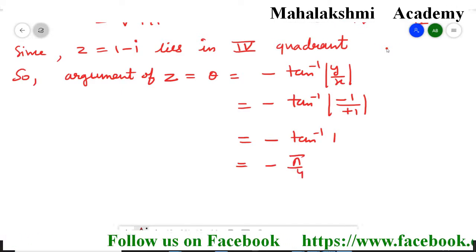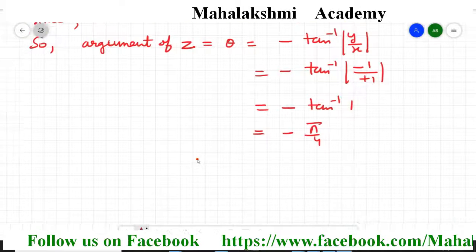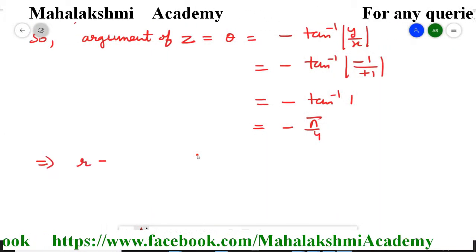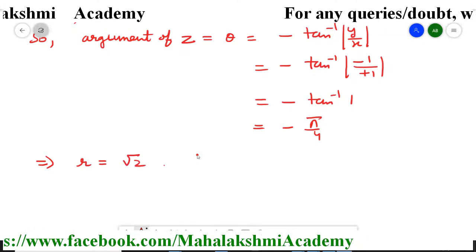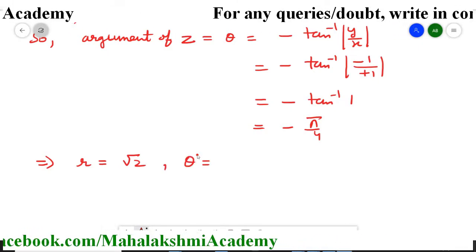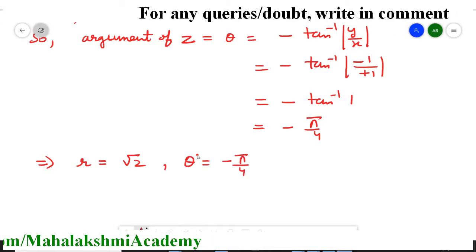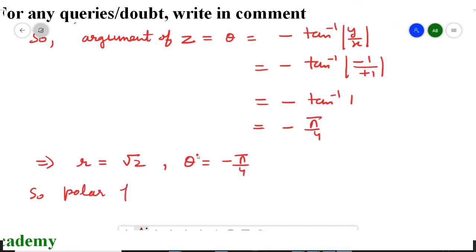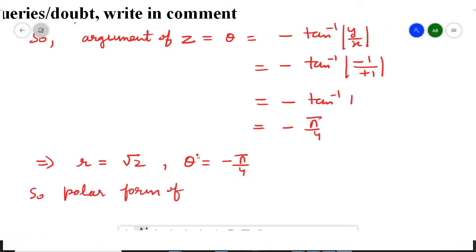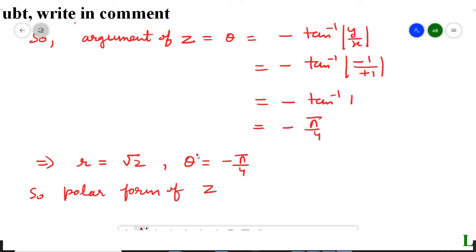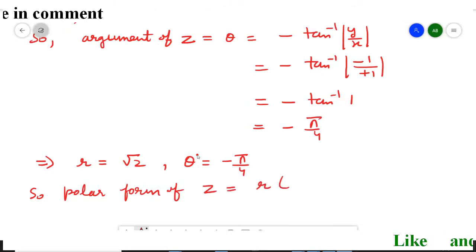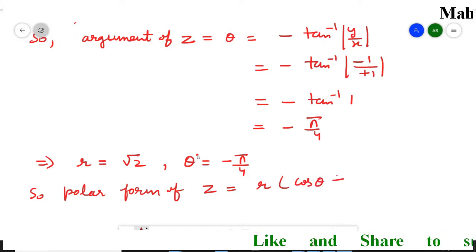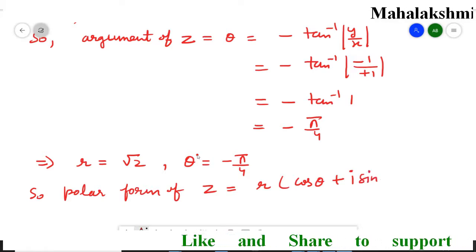Now we have obtained r and theta. So we write here, which implies r is equal to root 2 and theta is equal to minus pi upon 4. So polar form of z is equal to, the formula is r cos theta plus iota sin theta.